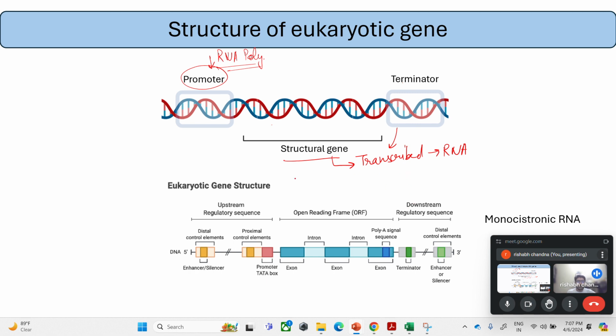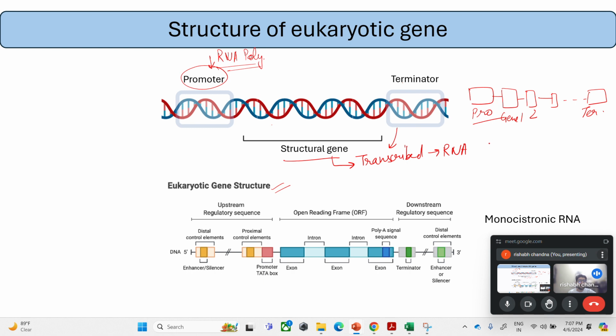And talking about the gene structure, in prokaryotes, as we studied, there is a promoter that is linked to various genes. So this will be gene 1, this will be 2, followed by many, and then we have the terminator. So basically, we have similar kinds of genes that perform a similar function or function in a particular pathway.